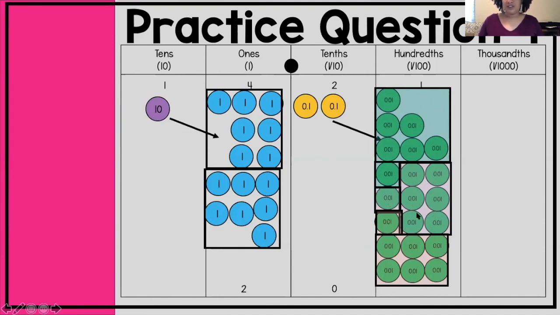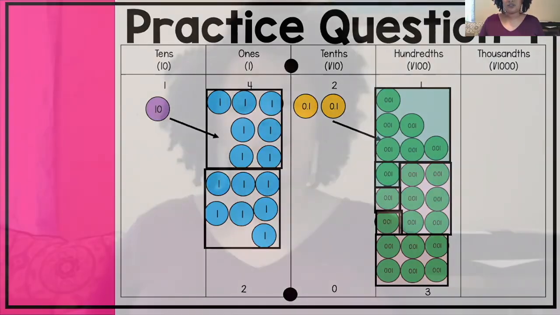A group of 7 here, so that's 2. And a group of 7 here, so that is 3. And I cannot forget about my decimal point. So my quotient then is 2 and 3 hundredths. 2 and 3 hundredths. How did you do with those practice questions?